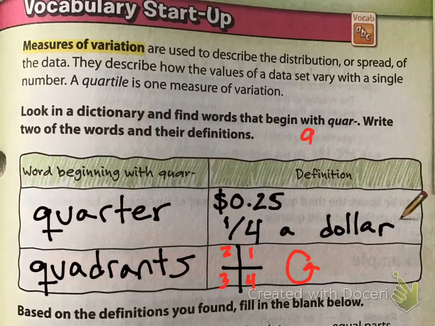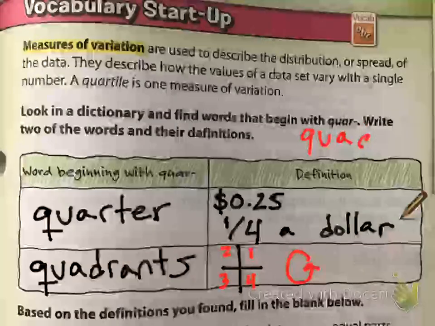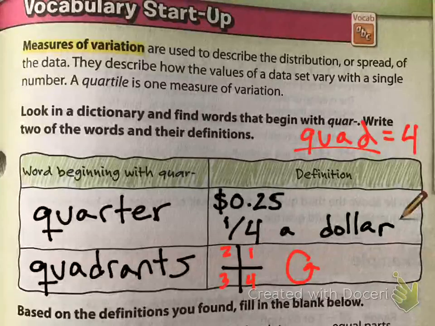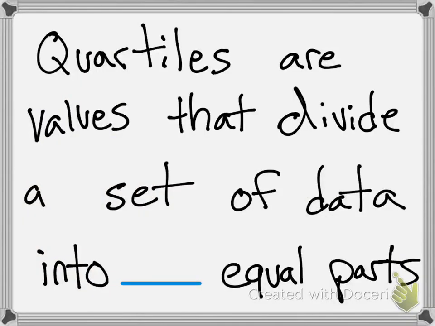Also, we know that the word quad means 4. Quadruplets. So we know that means 4. So based on that, quartiles are values that divide a set of data into how many equal parts? If you did not guess 4, please go look in your dictionary and find other words that start with quar.